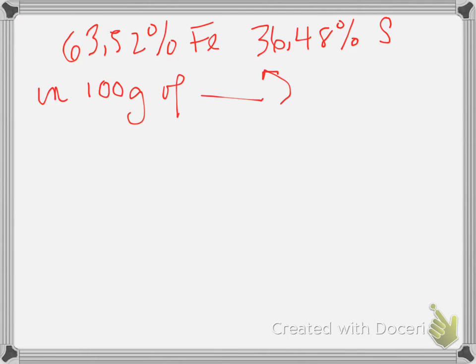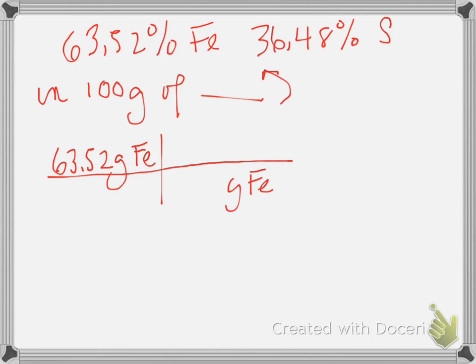We have 63.52 grams of iron. How do you figure out how many moles of iron that is? What units in chemical go down below to cancel? Grams of iron, yeah. This is going to be grams of Fe. What units go up above to end up in?